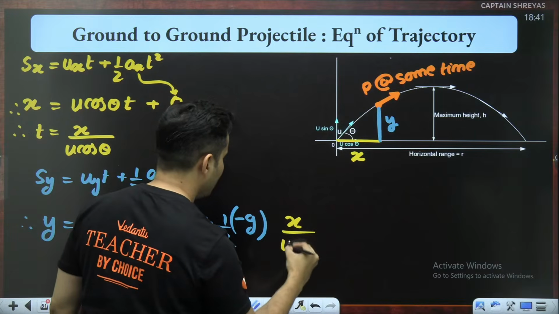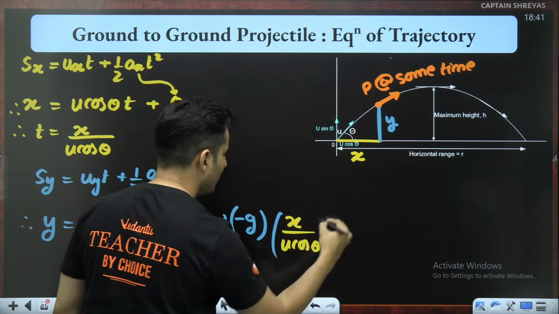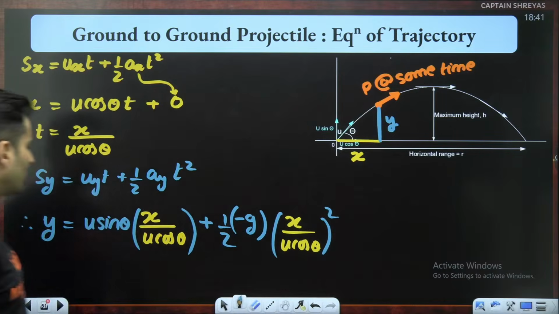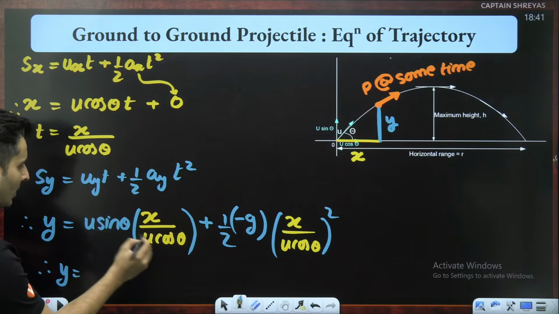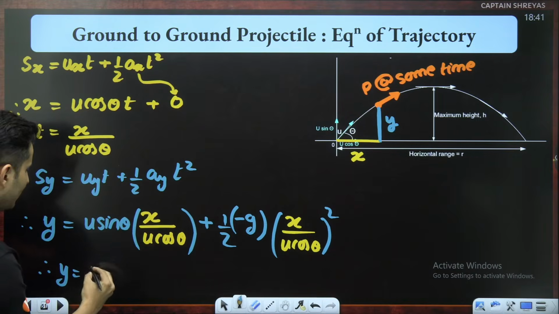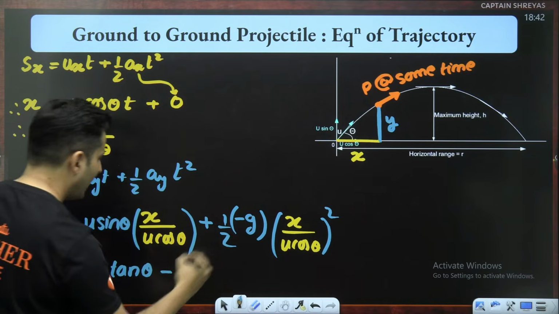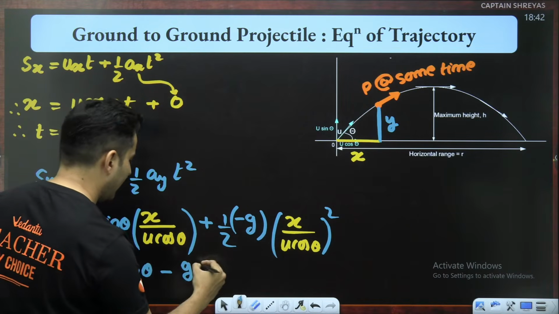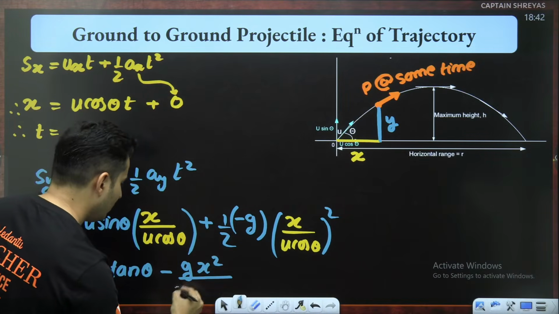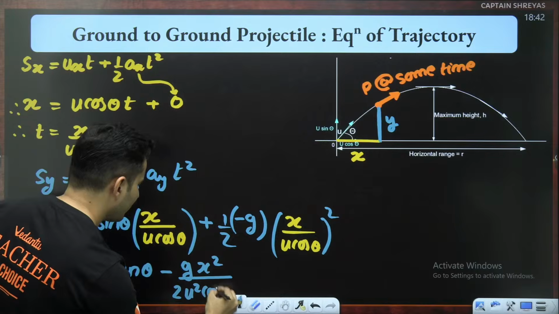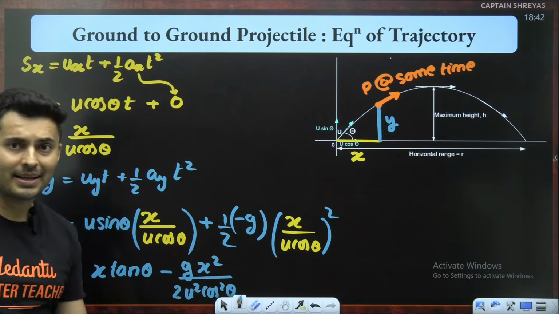So x by u cos theta, but you have to square this. So what will you get? Y is equal to, u cancels, sine by cos is tan, so x tan theta minus g x square by 2 u square cos square theta.